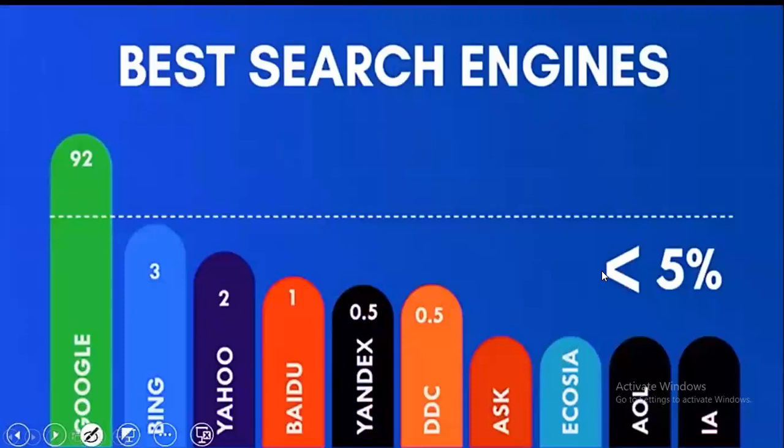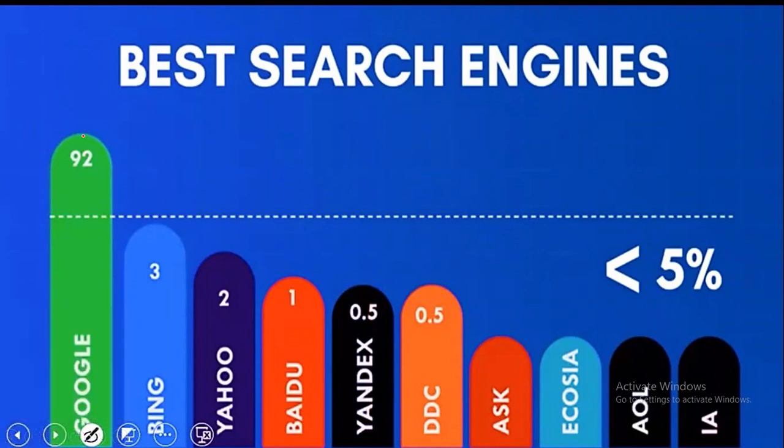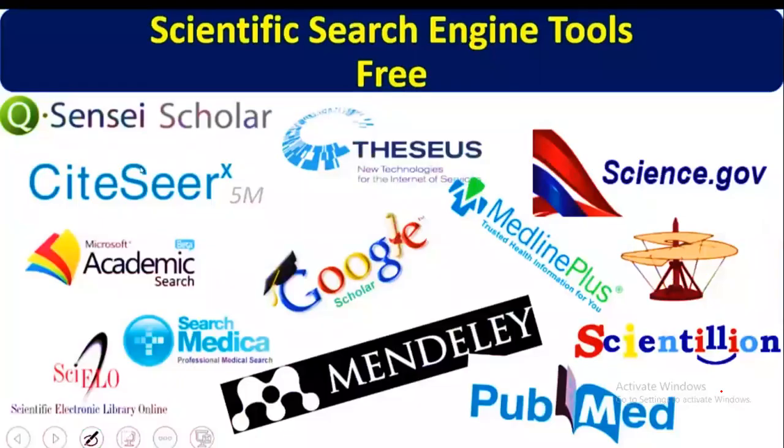And here I'm showing you some statistics about the search engines. The best search engine is still Google. About 92% of searches are done on Google, and less than 5% are done on all these other browsers. So Google is the most efficient according to statistics.